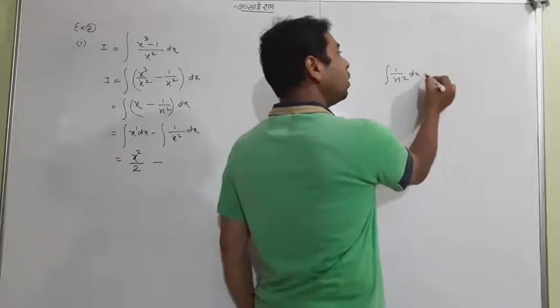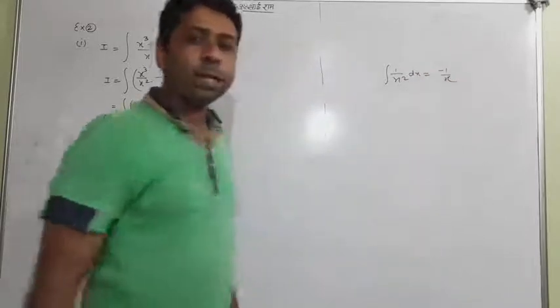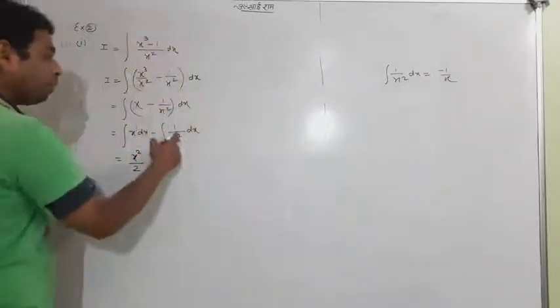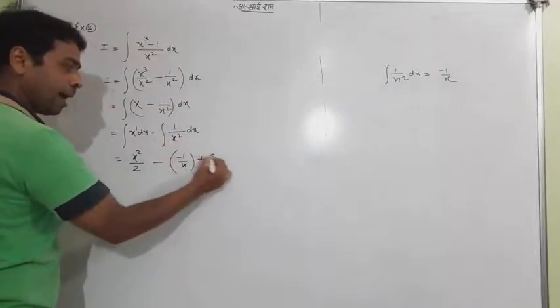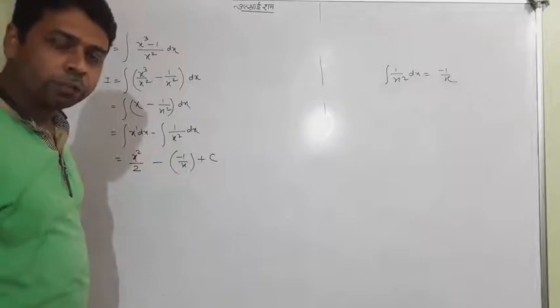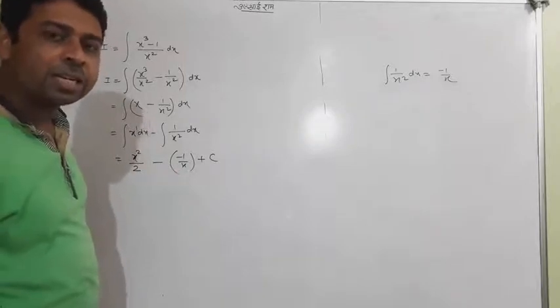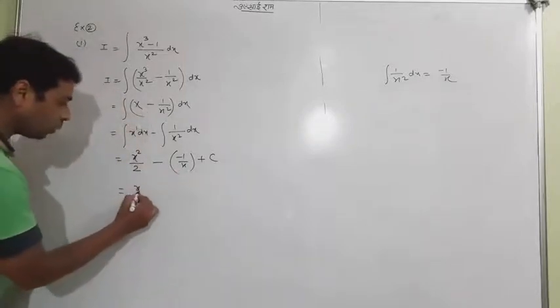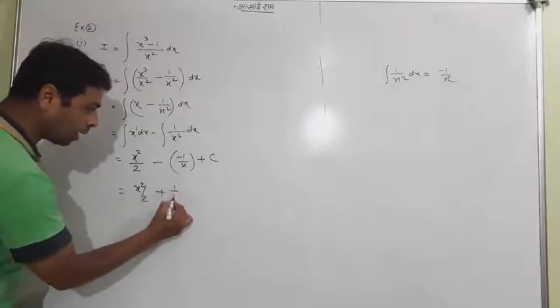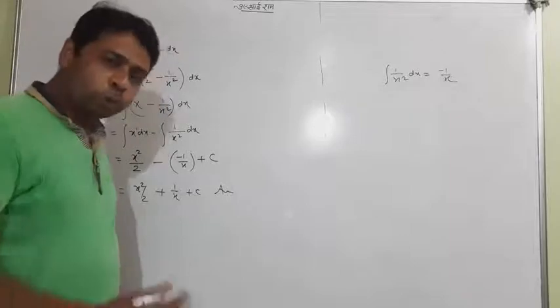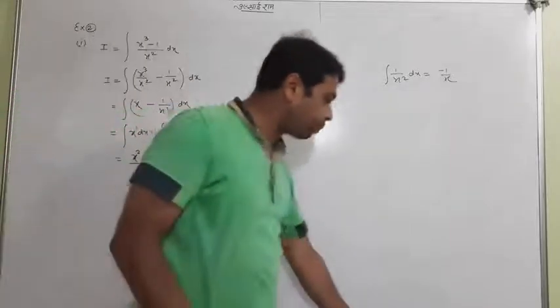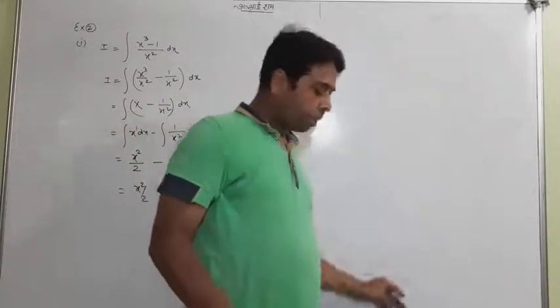Whenever it comes, please remember the answer is minus 1 by x. So in the case of 1 by x square, the integration answer will be minus 1 by x, and after doing the whole integration we normally take c as an integrating constant, and your answer is x square by 2 plus 1 by x plus c. That's the answer. Slowly, definitely it will come in your mind, but it needs practice.